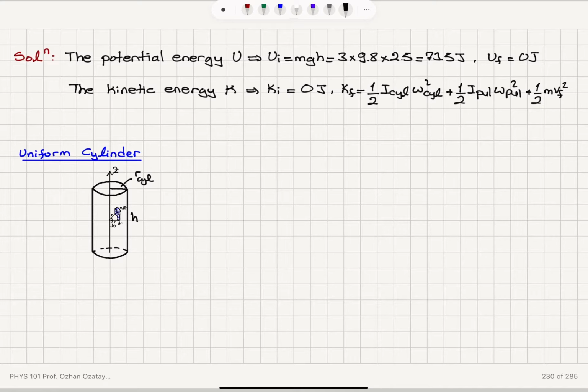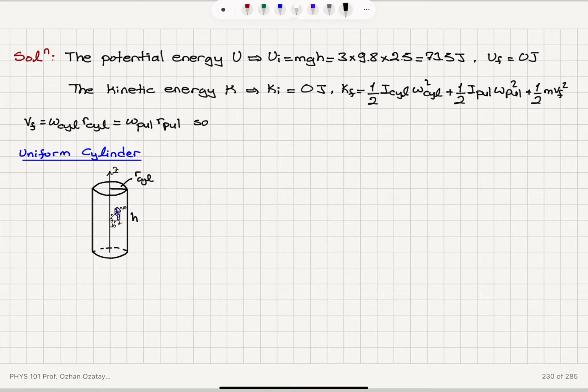And we have this relationship between the final speed of the box and the omegas. The final speed of the box will be related to omega cylinder times the radius of the cylinder. And it will also be related to the angular speed of the pulley, omega pulley times the radius of the pulley.